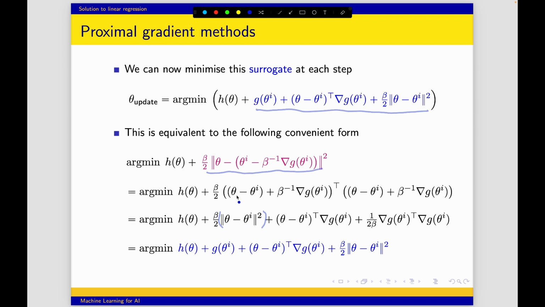Then we're going to get this transpose this thing here. So we're going to get 1 over beta times beta over 2. So we're going to get a half theta minus theta i transpose gradient of g at theta i. And we're going to get the same thing again from this times this, because this is this dot this or this dot this, and they're both the same. It doesn't matter which way around we do the dot product.